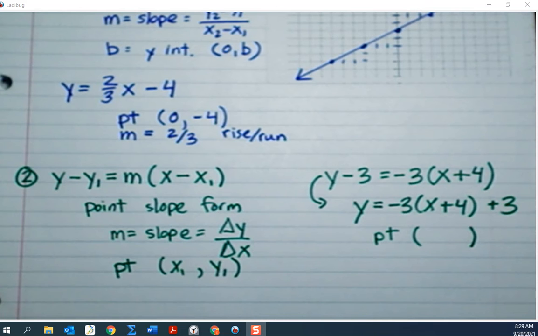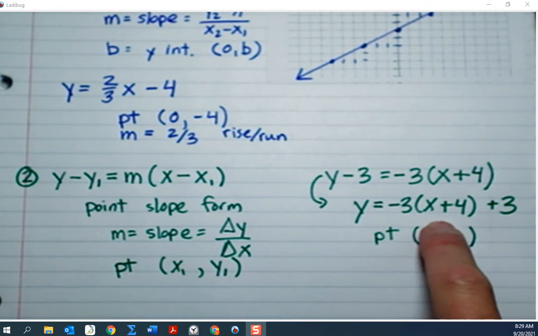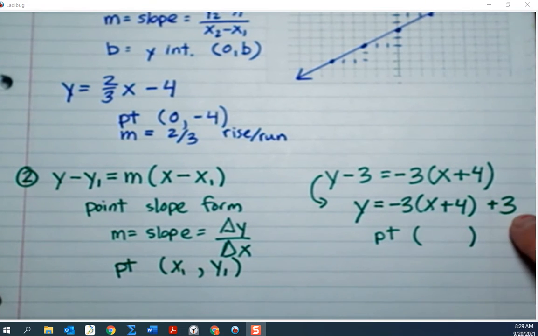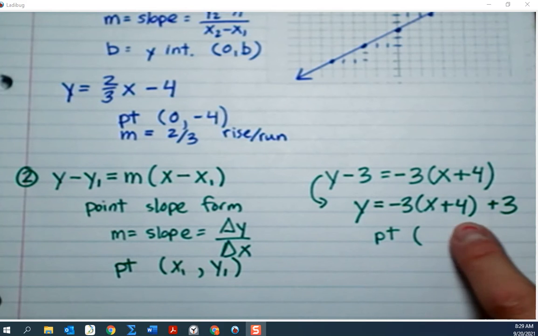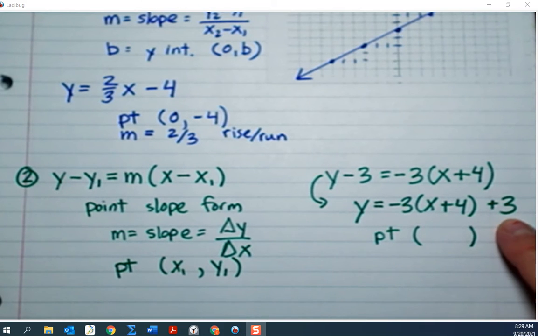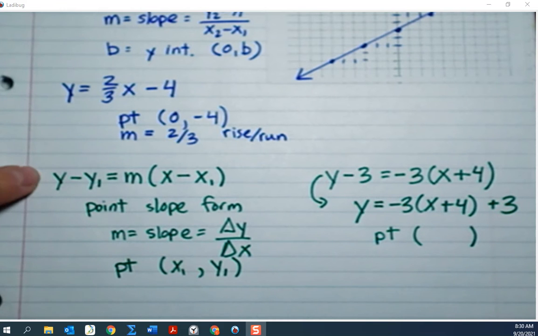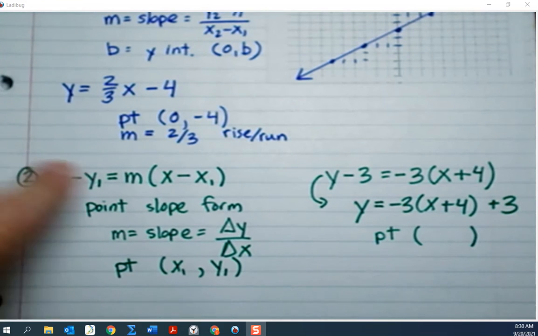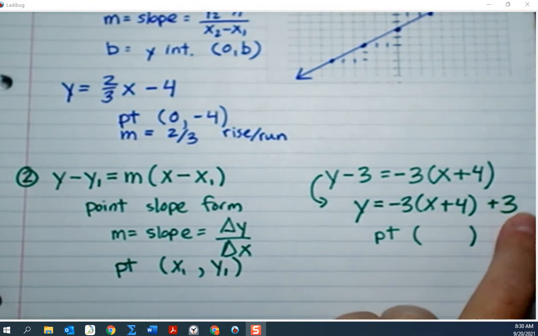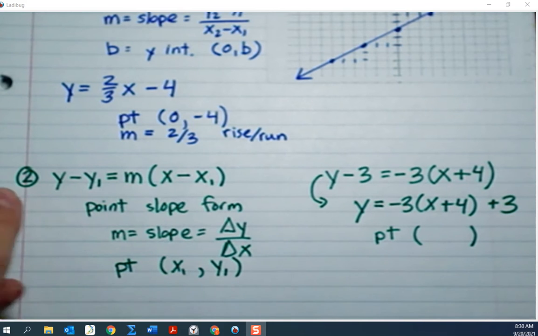This looks kind of interesting. I have a parentheses with x, and I have this number on the outside. Left 4, up 3. It's actually transformations. Point slope form is actually transformations. Left 4, up 3.